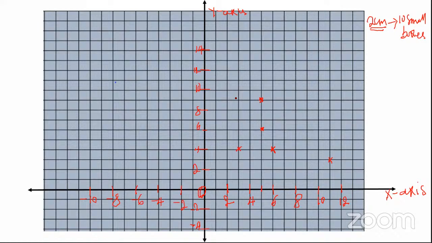Are there any questions about the plotting, the scale, before we go? Yes, Esther? Do you have a question? No. Okay.